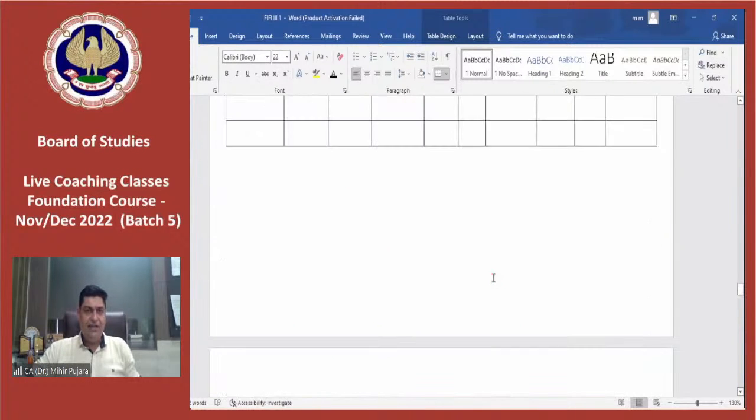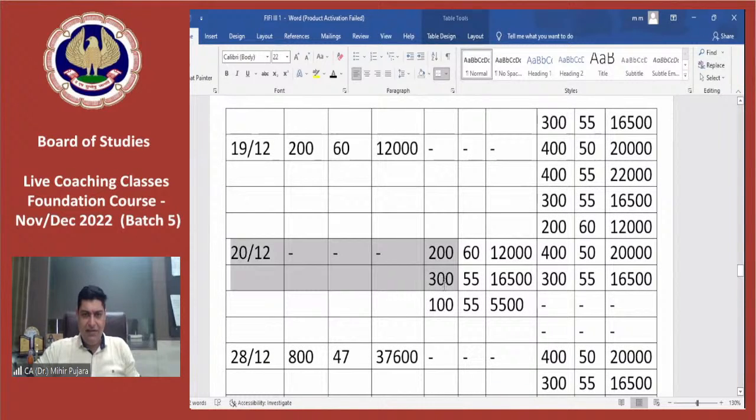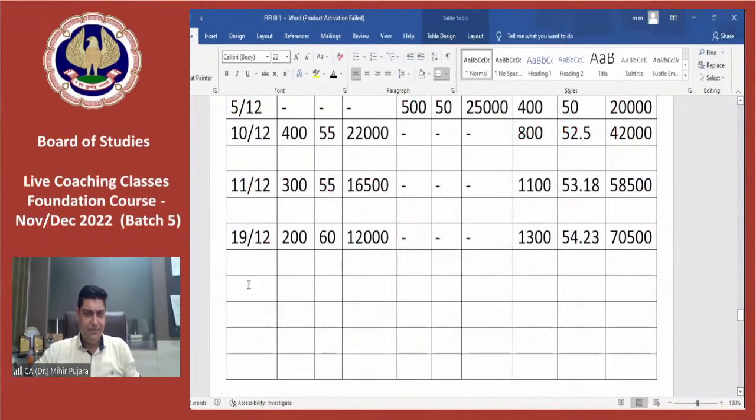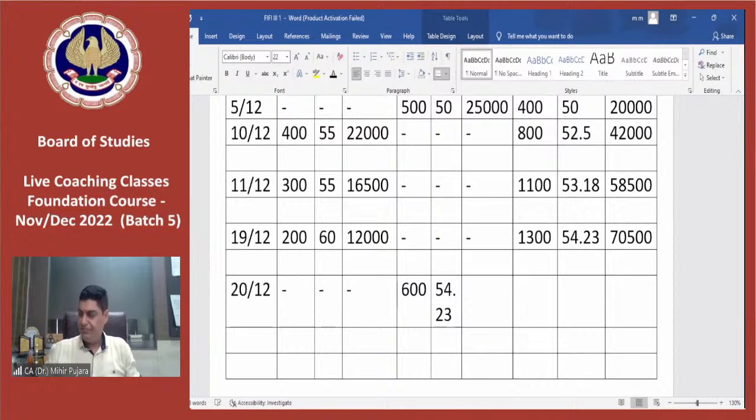Now after 19, friend, on 20 we are issuing 600 units, right? But we have only one lot, guys, so 600 from the same rate, 54.23.